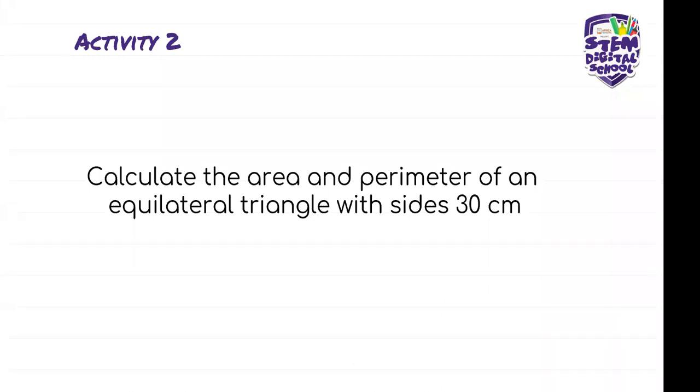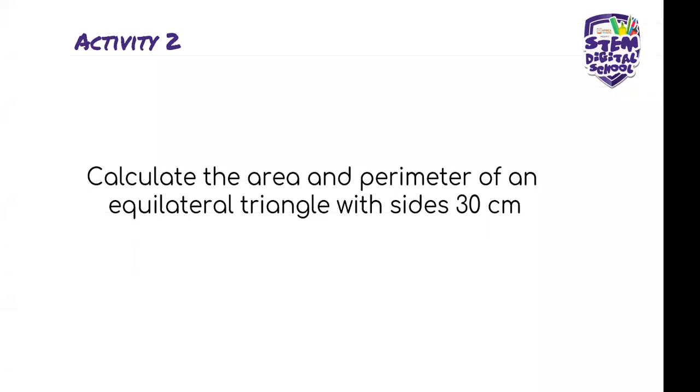I think you can even start with the perimeter, because according to me, the perimeter will be easier. Remember, in the perimeter, all that you need to do is just to calculate, you are given the three sides. You already have the three sides.